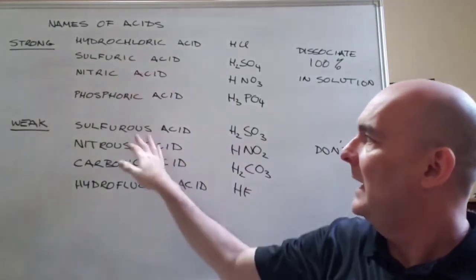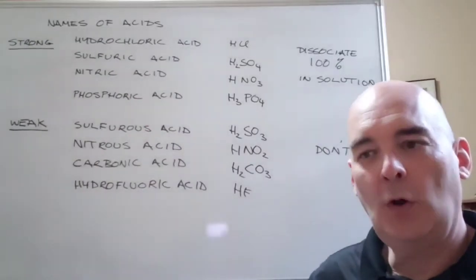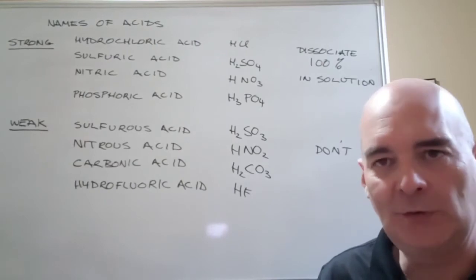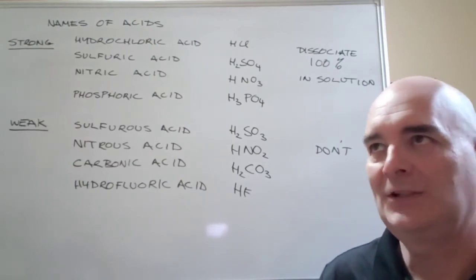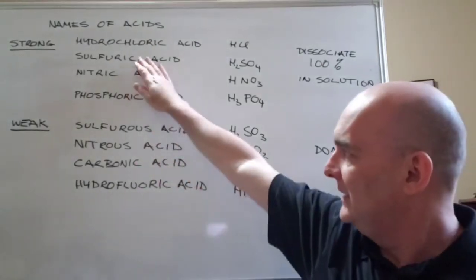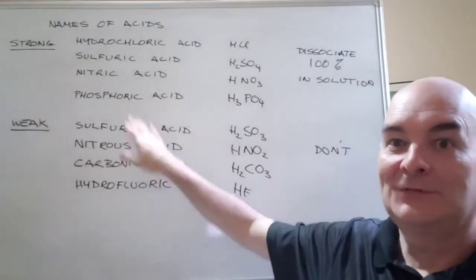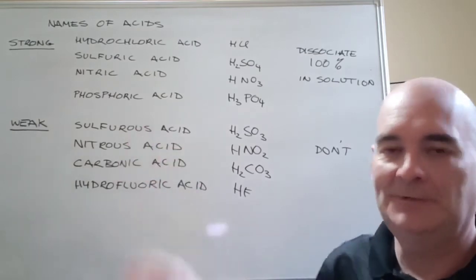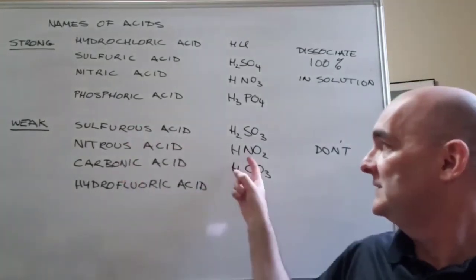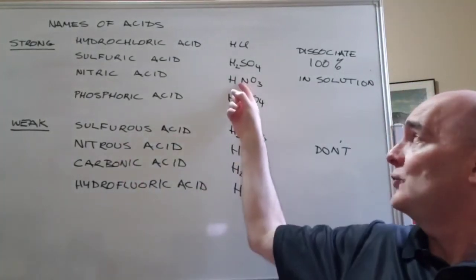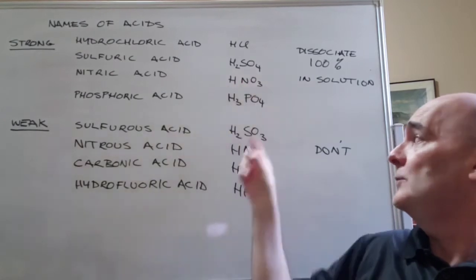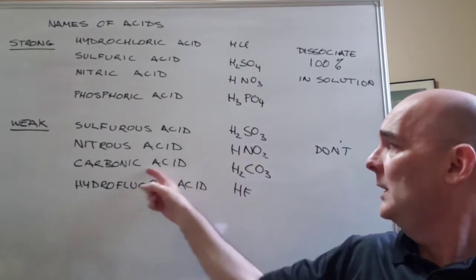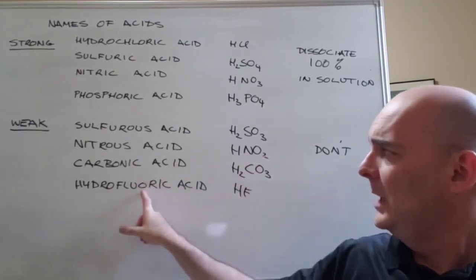And ic and us are 2 old suffixes that don't have numbers associated with them, just degrees, that ic is more than us. So ic acid contains more oxygen than us acid. Nitrous acid is exactly the same thing. Nitric acid was a strong acid at HNO3, nitrous acid is a weak acid at HNO2, carbonic acid is a weak acid.